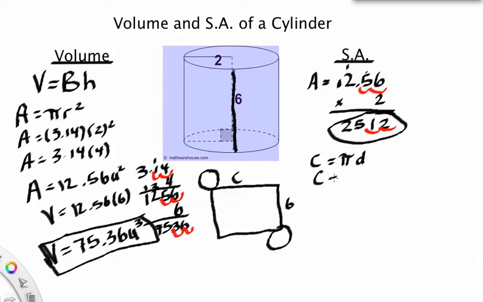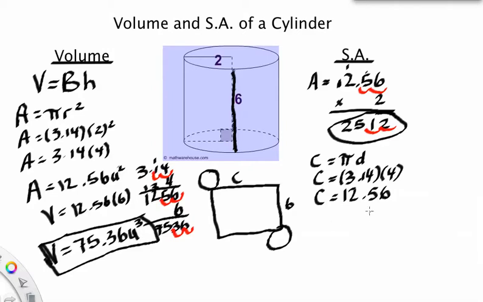So C equals 3.14 times 4. Lucky for me, I'm looking over at my work that I did for volume, and I did 3.14 times 4. It's 12.56. So C equals 12.56.